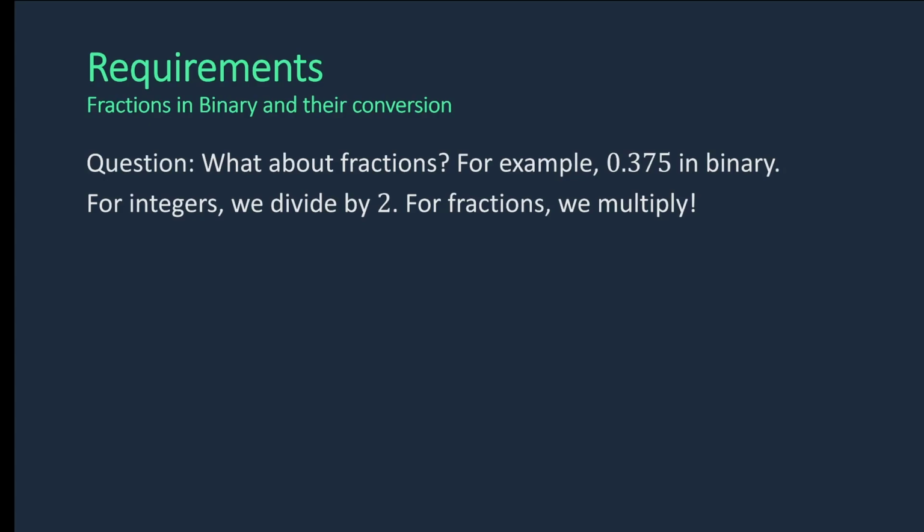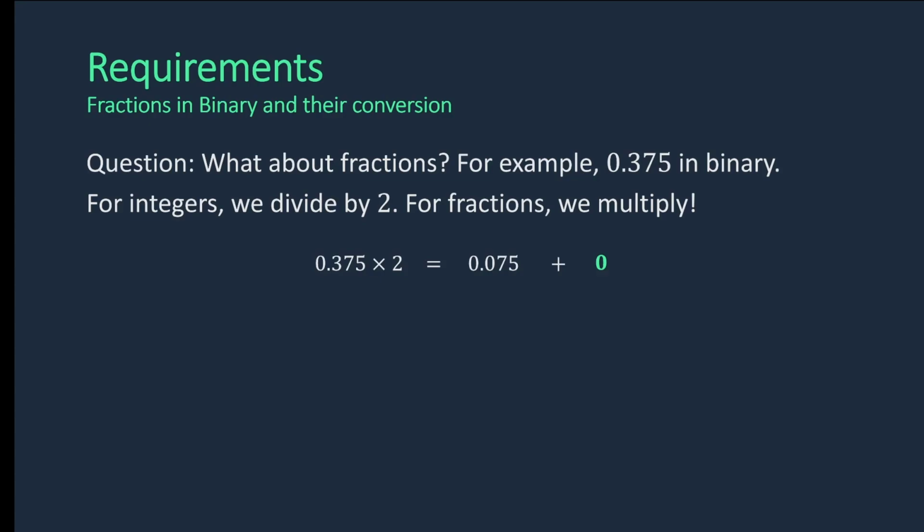Well, in the previous example, we kept dividing numbers by 2, but for fractions, we're going to multiply numbers by 2. Again, I'm not going into too much detail. If you would like, you can look them up, but these are the basic concepts we need to know in order to understand the SHA-512 algorithm.